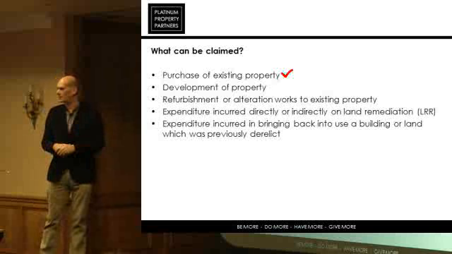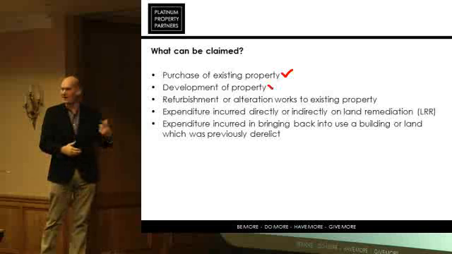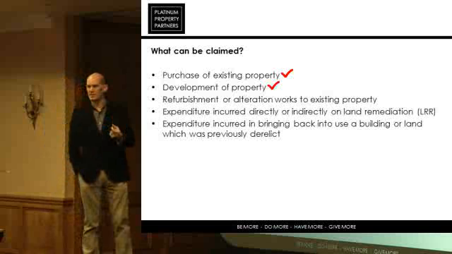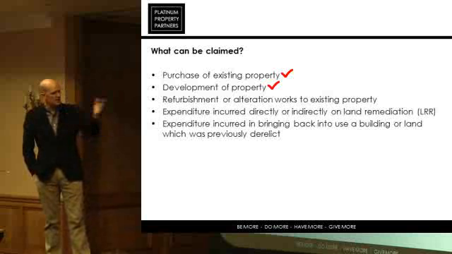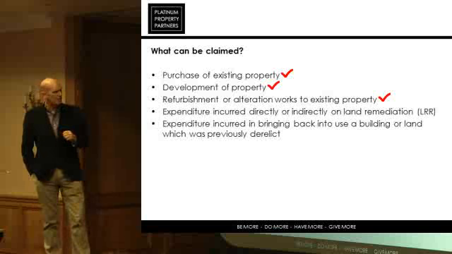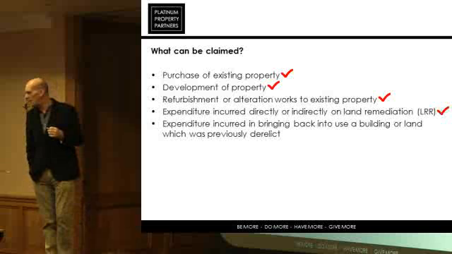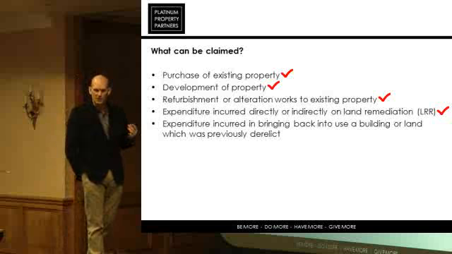Well, that sounds a little bit exciting, doesn't it? If you develop a property, you're going to incur expenditure on items which are plant and machinery, so you can claim those. And if you refurbish or alter existing property, you can do the same. And expenditure incurred directly or indirectly on land remediation relief. There's that word again, land remediation relief, well spotted.